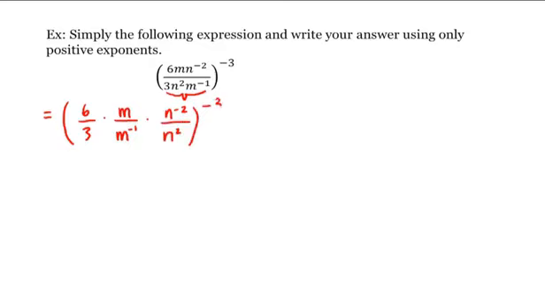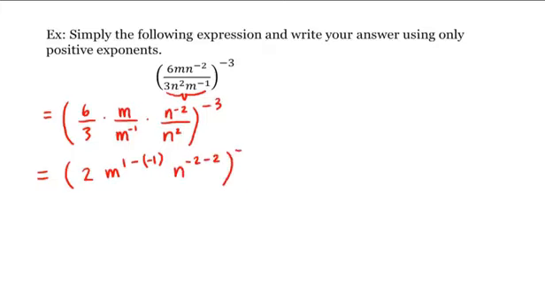which is equal to 6 divided by 3 is 2, and then times m raised to the 1 minus negative 1. And this comes from the quotient rule. Because the bases are the same, we subtract the exponents. And we'll do the same with the n terms, so it's n to the negative 2 minus 2.